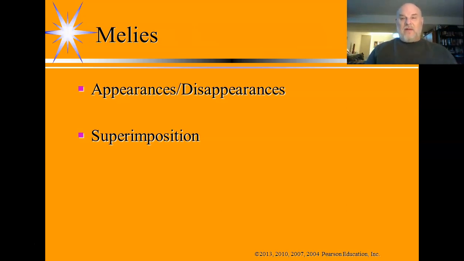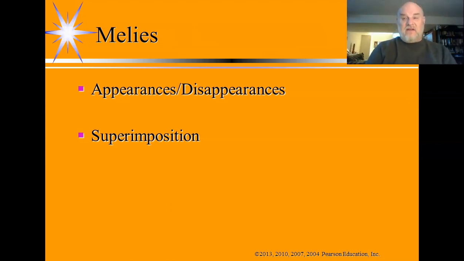And Méliès quickly realized that if you record images onto film twice, you can actually give people or objects the appearance of being transparent and seeing through simply by recording two different images on film.